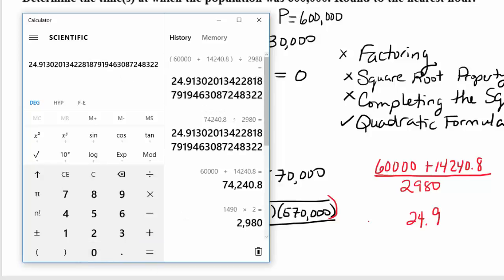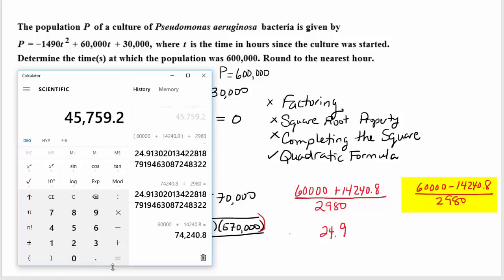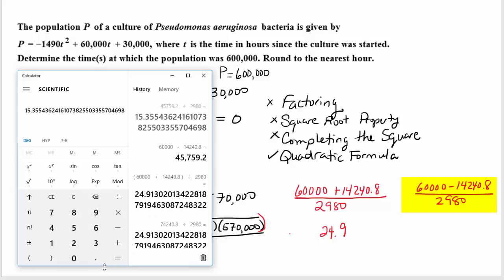Yes. Okay, so now let's do the minus version. So we have 60,000 minus 14,240.8 equals, because I need to make sure that the calculator doesn't think I just wanted to divide the second value by the 2,980, divided by 2,980 equals, and we're going to get 15.4.